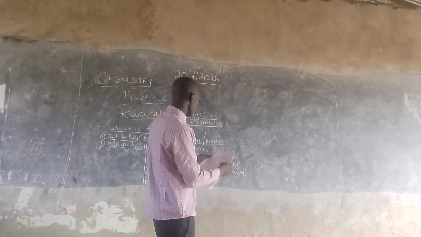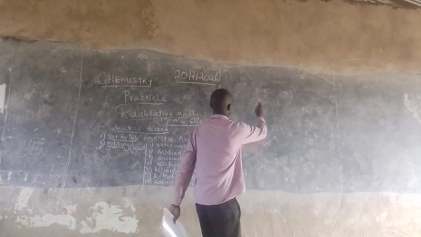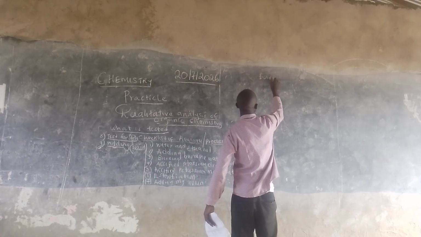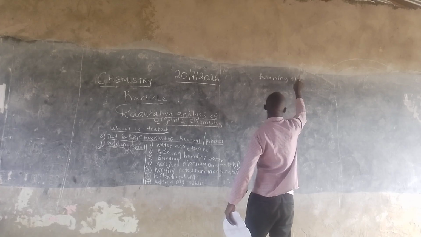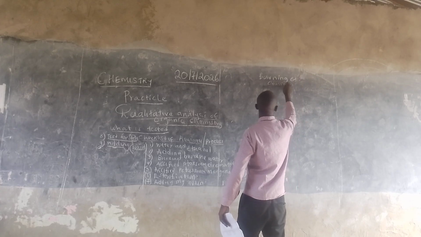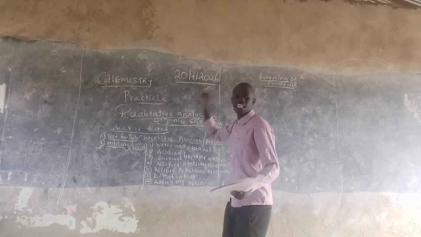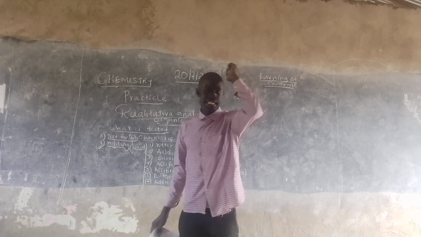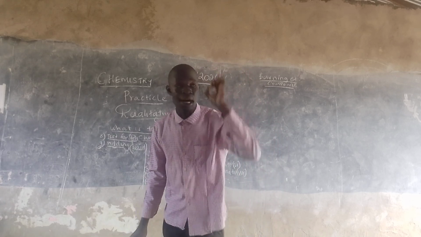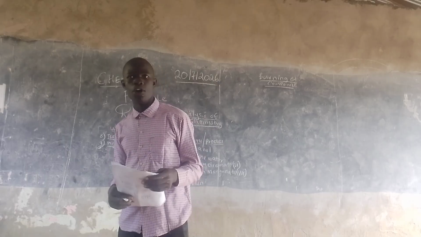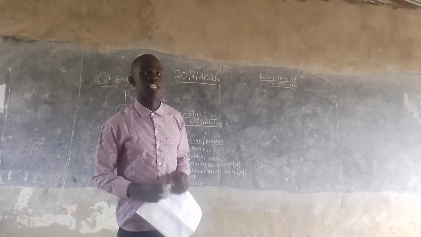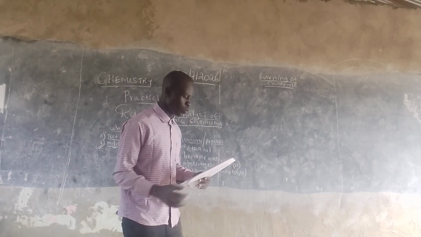Now, number 1, we will look at burning of organic compounds. When we talk about burning, it only tests what? Bonds. We have to test for bond: double bond and triple bond. That is unsaturation. We test for unsaturation.